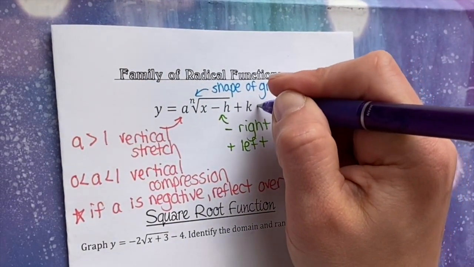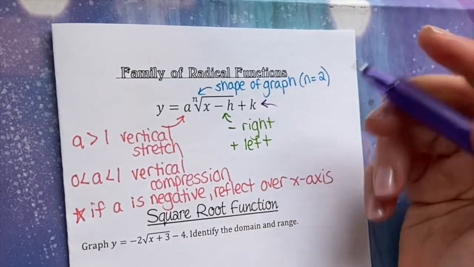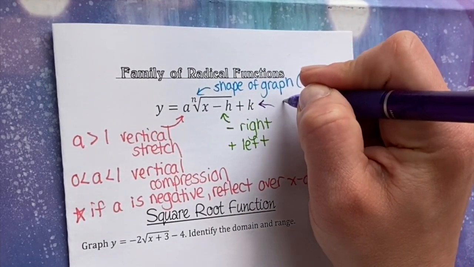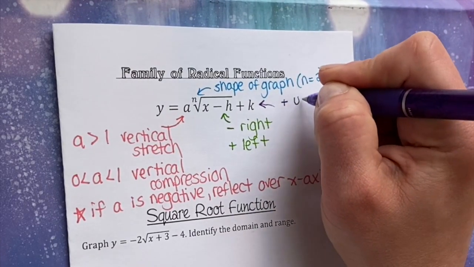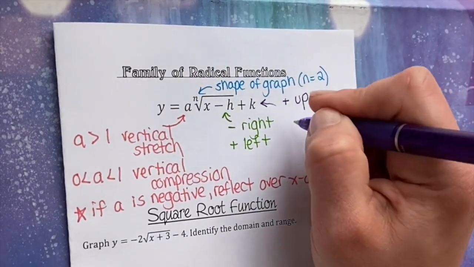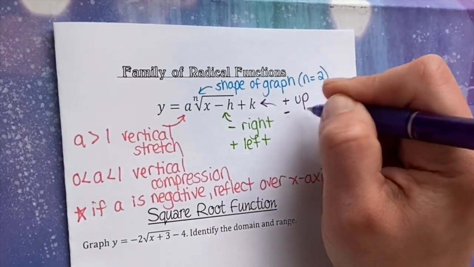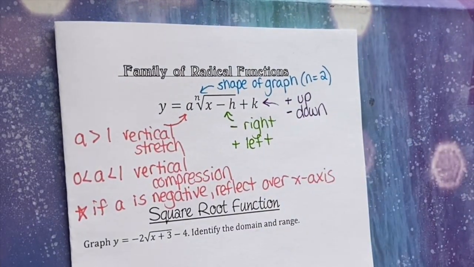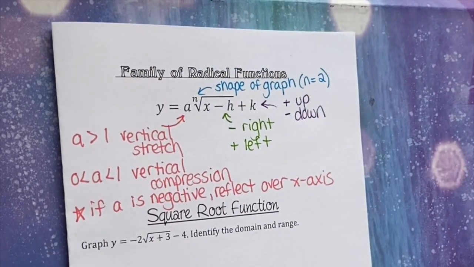So I'll talk about that a little bit more in a second. Let's finish up with K. So K tells you if you're moving up or down. If you are adding, or if K is positive, you're moving up. If you're subtracting, you're moving down. K tells us the y value of our endpoint.